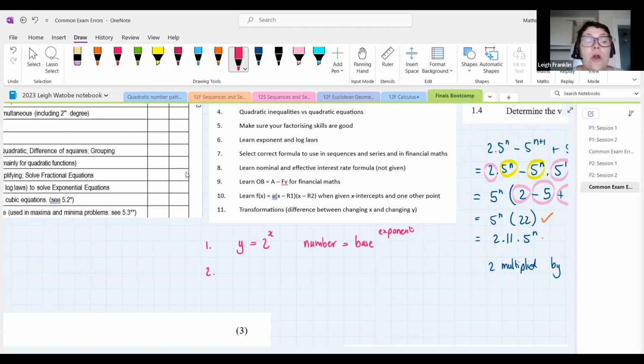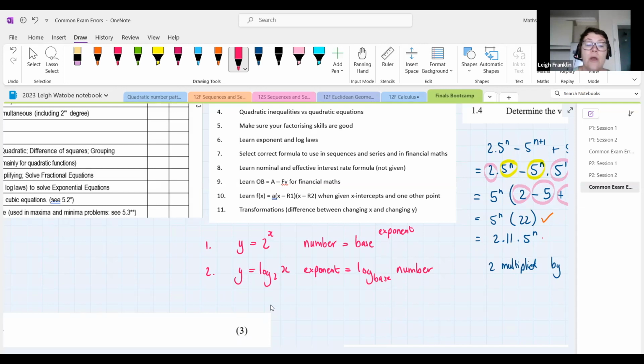When it comes to logs, let's say you have y equals log base 2 of x. When it's written in this way, your exponent is equal to log base, number. That's what they expect you to know in order to be able to go between the two.